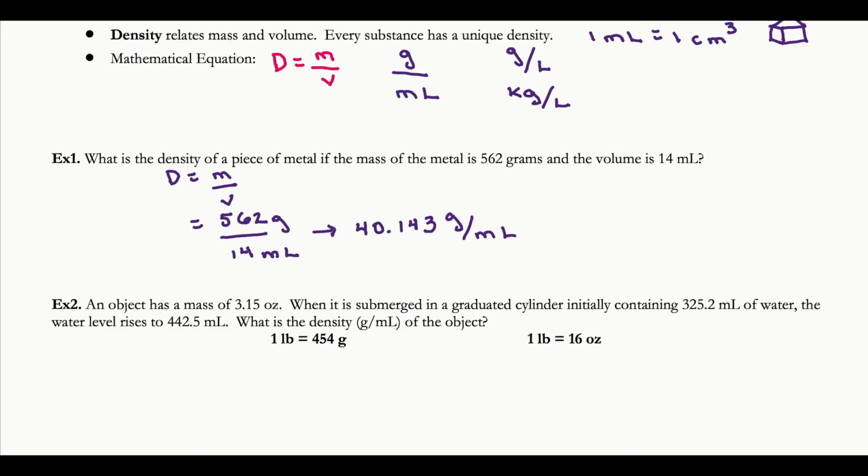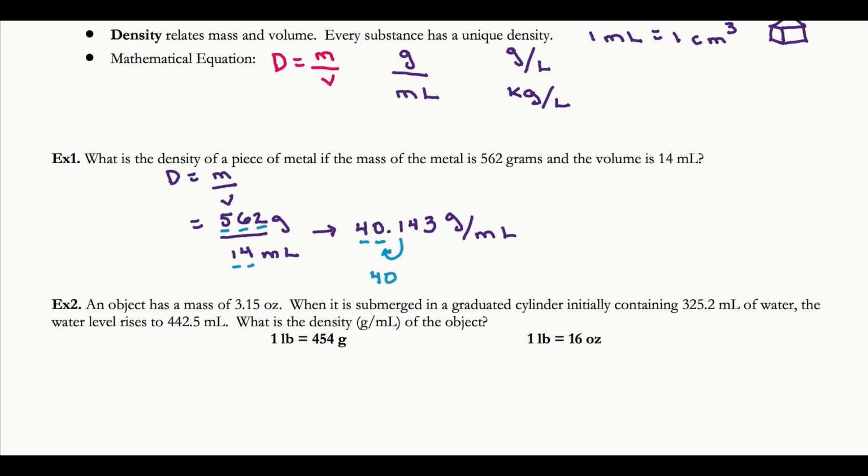Okay. Now I need to figure out significant figures. So since I'm dividing, I'm going to be rounding to my fewest number of sig figs. 562 has 3 sig figs, 14 has 2, which means I want my final answer to have 2 sig figs. So I want to keep the 4 and the 0. The 3 does not round the 0 up, so I'm going to end up with 40. Now here's the problem.